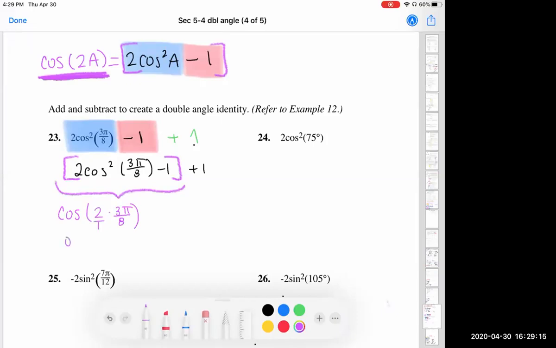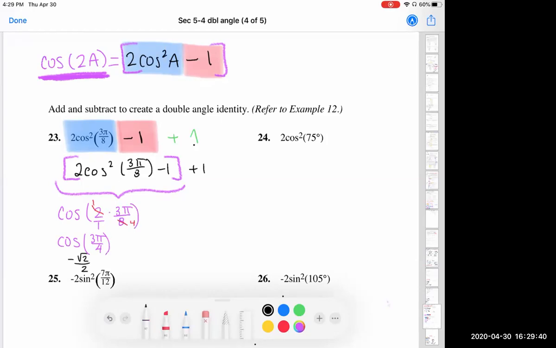Let's multiply. My 2 and my 8 divide: 2 divided by 2 is 1, 8 divided by 2 is 4. So that is now 3 pi over 4. All right, cosine of 3 pi over 4 is negative square root 2 over 2.